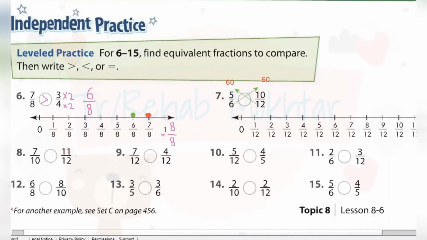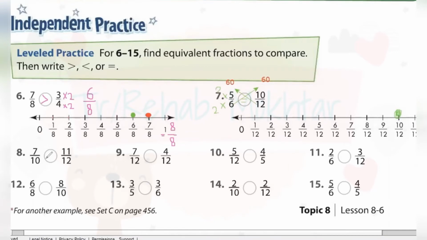I will write here equals. Let's make sure. Here I will multiply by 2 up and down to find the equivalent fraction. 2 times 5 equals 10, and 6 times 2 equals 12. Both of them are located here, 10 out of 12.